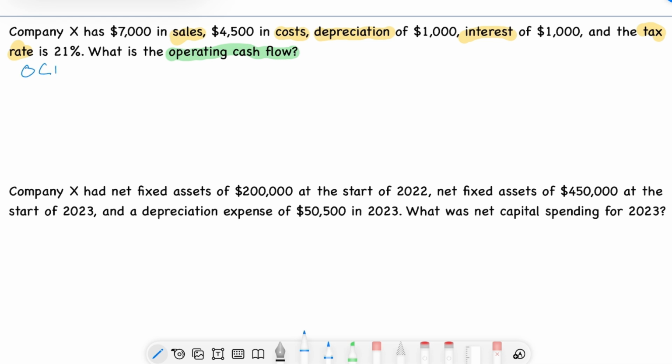We'll shorten it to OCF. Operating cash flow is our earnings before interest and taxes plus our depreciation, and we're going to subtract our taxes.